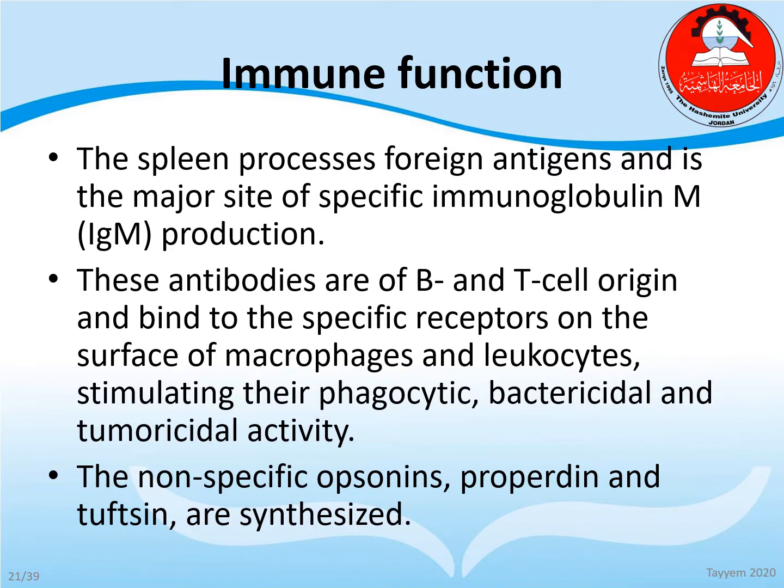Now, just to enumerate the functions of the spleen, immune function probably is the most important function, as it's the major site for formation of the IgM antibodies, and they are of B and T cell origin. And as you are aware, the IgM antibodies help to attach to specific receptors on the macrophages and leukocytes, and that will help phagocytosis and bactericidal and tumoricidal activity.